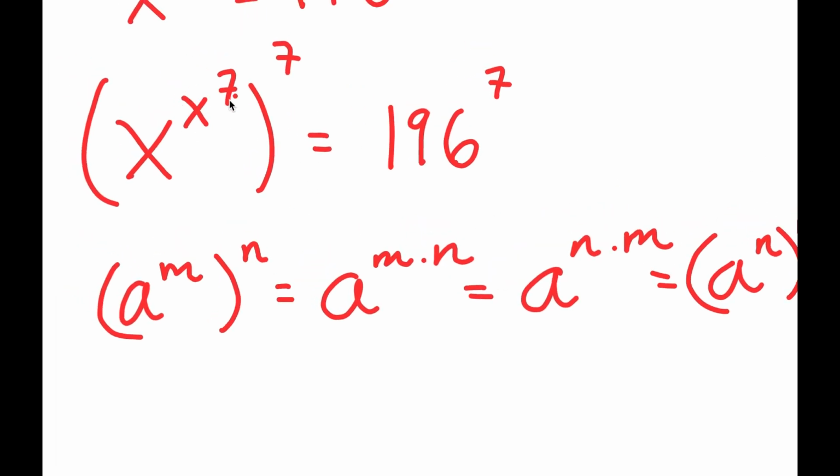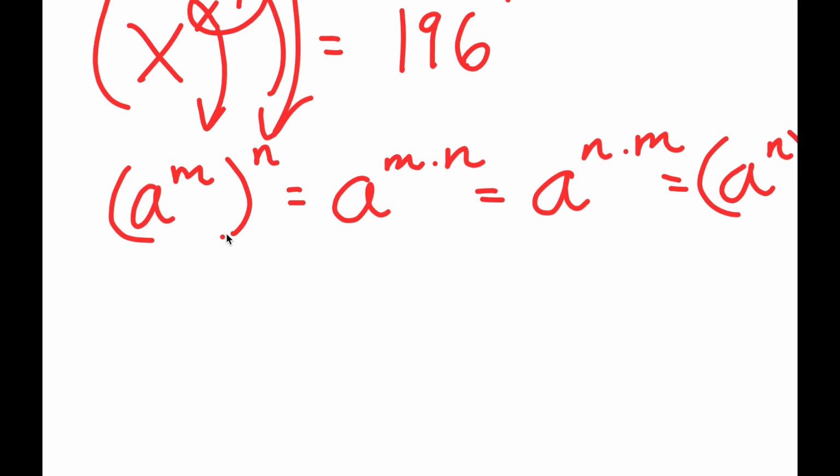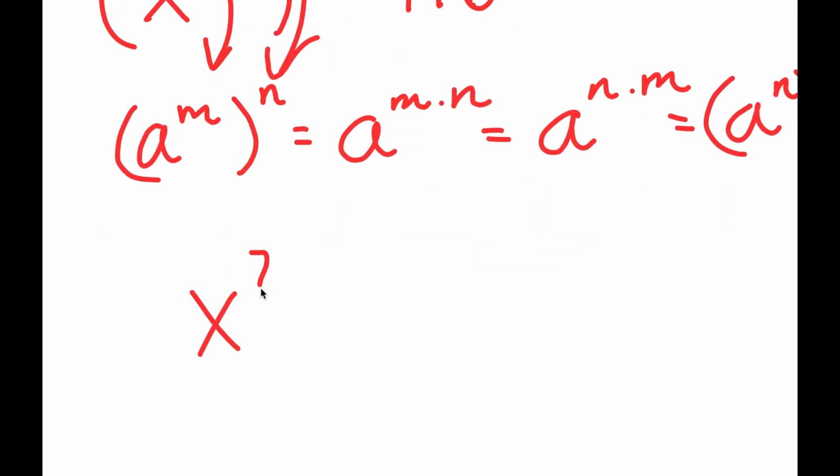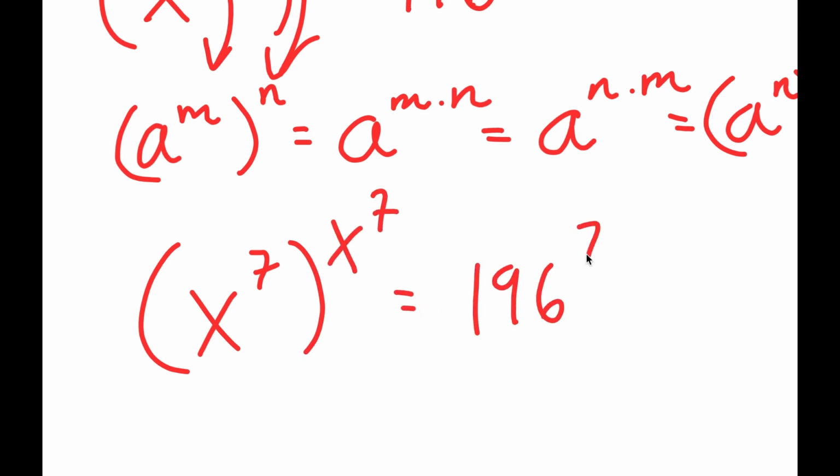Meaning x to the power of x to the power of 7 to the power of 7, I can think of x to the power of 7 as m and 7 as n. So now if I switch the places of these two, I get x to the power of 7 to the power of x to the power of 7, and this is equal to 196 to the power of 7.